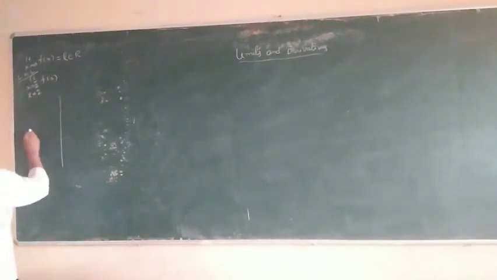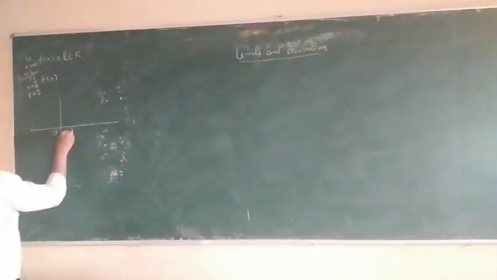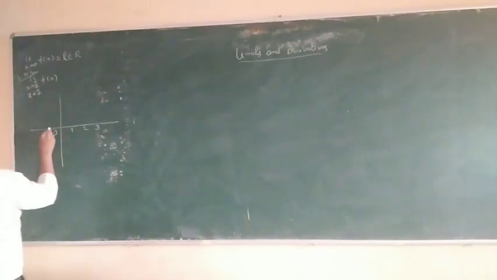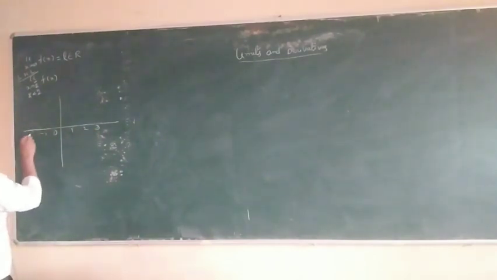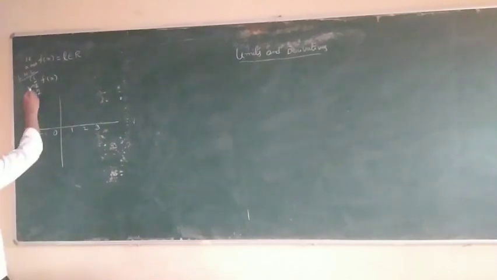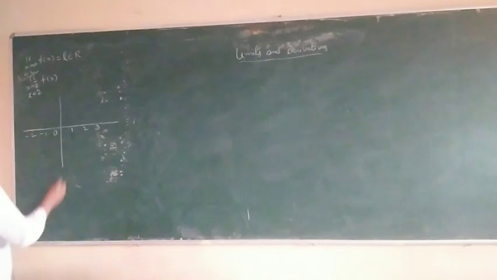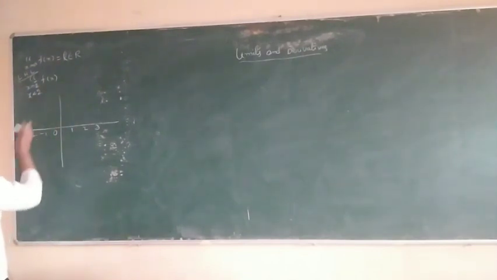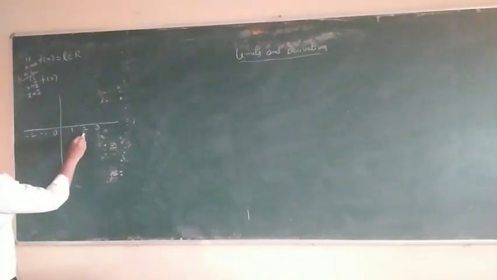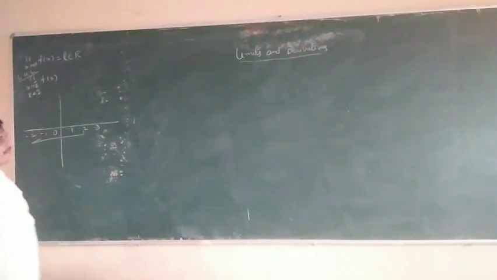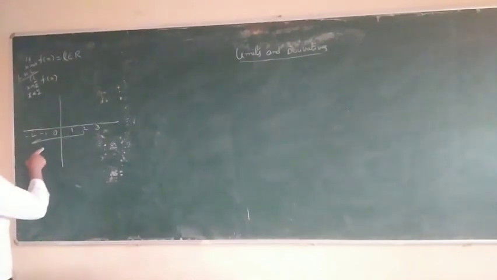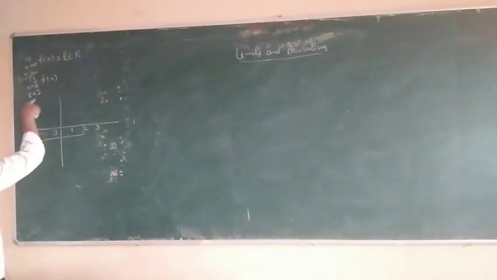On the real line, 0, 1, 2, 3, minus 1, minus 2. The value a, for example, x tends to a minus. Less than 2 means below 2, to the left of 2. This is the left hand limit: 2 minus is nothing but less than 2.